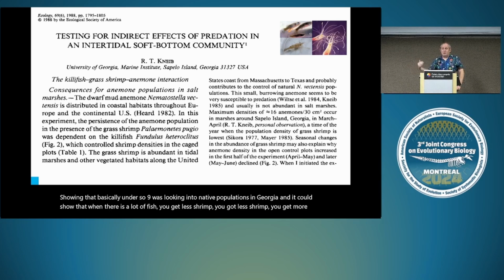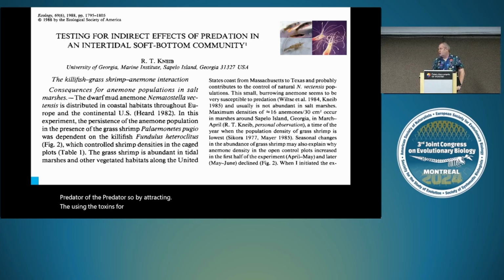So actually, the Nematostella gains a lot from attracting the fish because the fish is the predator of the predator. So by using the toxin for attracting the fish, the anemone is getting rid of its major predator, which is the grass shrimp, which is pretty cool.